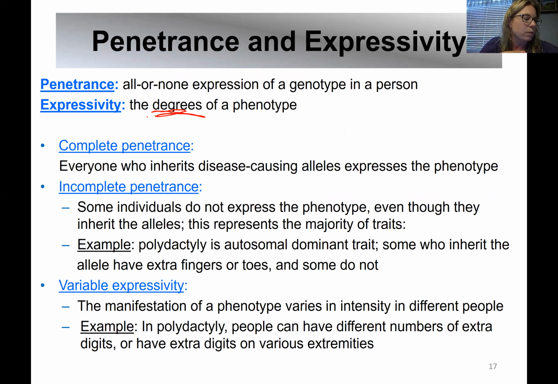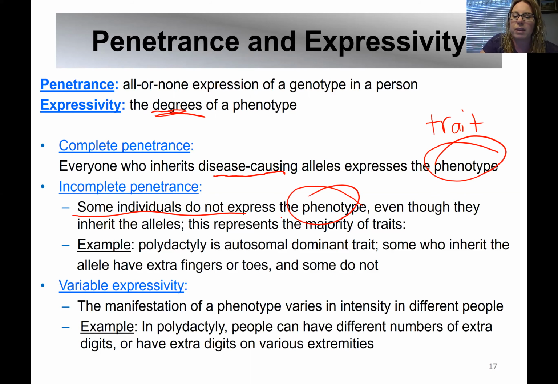Okay, so complete penetrance is when a person inherits a disease-causing allele and they have that trait, they have the disease. If you have the alleles needed, you get the disease. Incomplete penetrance is when sometimes some of the individuals don't express the phenotype. They don't develop that phenotype even though they have the alleles.